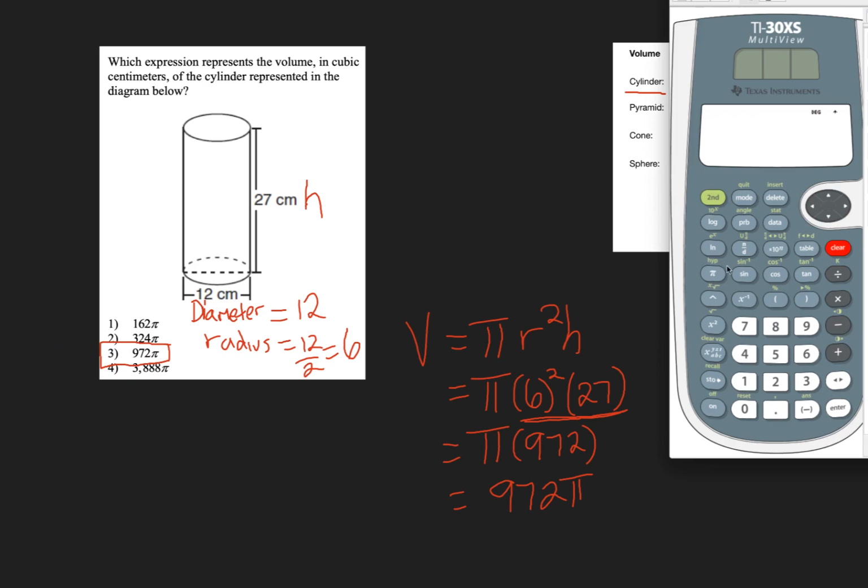I always tell some of my students that you can go ahead and use the pi times 6 squared times your height, 27, equals, and it gives you your answer right here as 972 pi. Now, if your answer is a numerical value, just press this, and it changes it to a decimal.